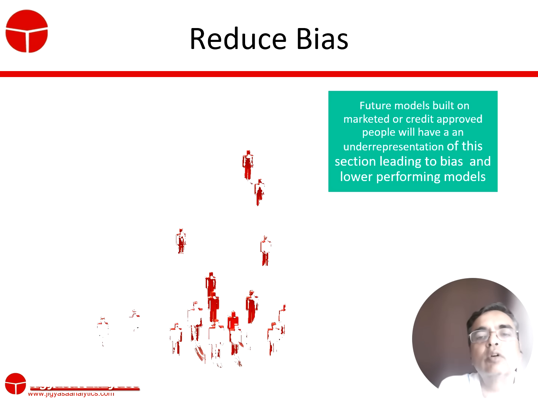And so for future model builds, the marketing or the credit risk sample will have an underrepresentation of this section of the people. And because the model is designed to score everyone, not just the people you approve or who actually respond to the marketing or get selected by the marketing, there is going to be a bias in the model, which will lead to lower performance.